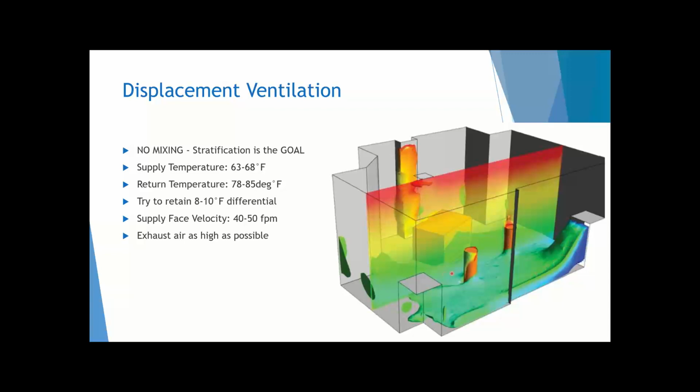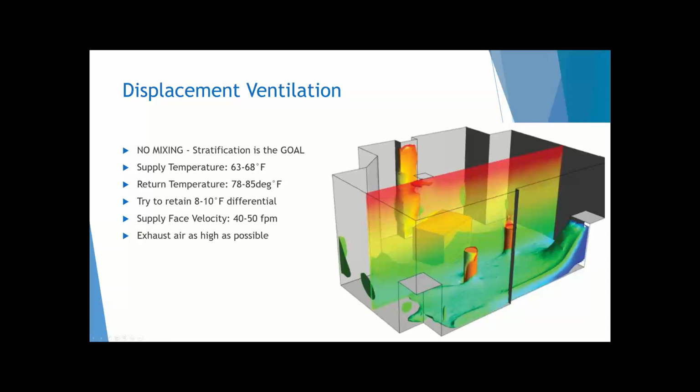It pulls along the floor, and it actually finds heat sources where it'll be naturally convected upwards into the stratified zone. So you're actually trying to return air between 78 to 85 degrees. And you're basically trying to keep an 8 to 10 degree differential temperature in that space.